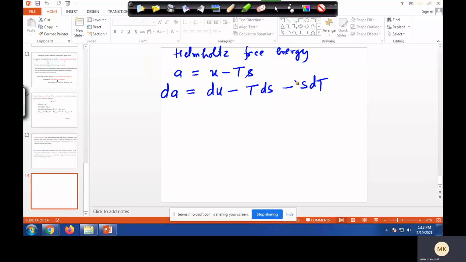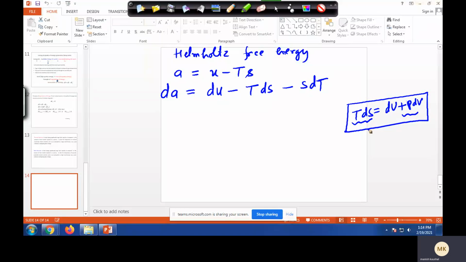Then we are going to take the help of our first law and second law combined. What is that statement? If you remember, TdS is the reversible heat transfer, which is equal to dU plus the reversible work done PdV.